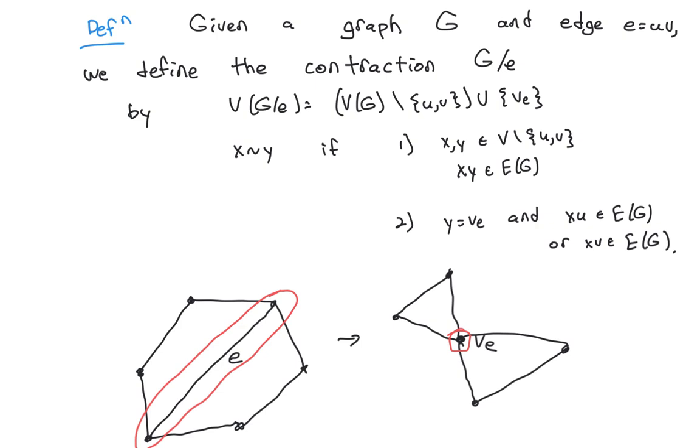In particular, it turns out that the connectivity of the contracted graph is at most the connectivity of the original graph as a result, because every separating set in the contracted graph can be turned into a separating set of the larger graph that's at most 1 larger. And so you can't end up with a situation where the contracted graph has a larger minimal separating set than the original graph.